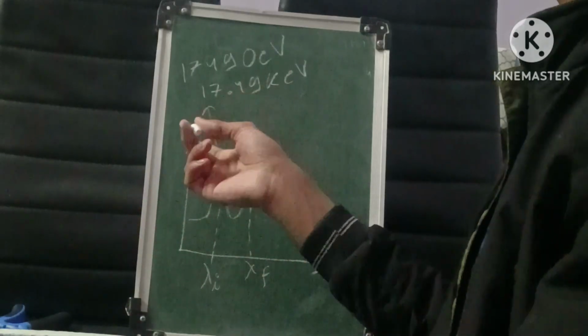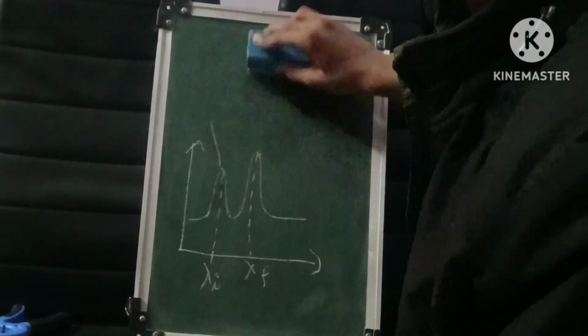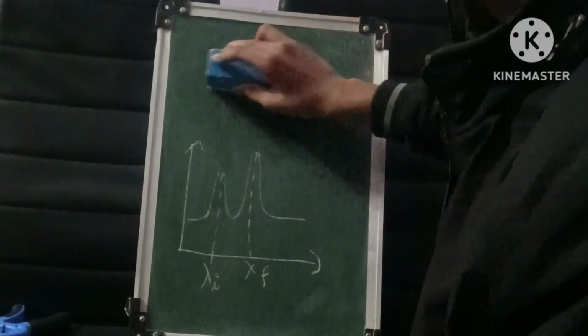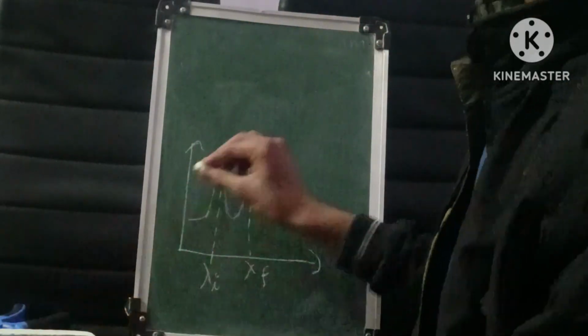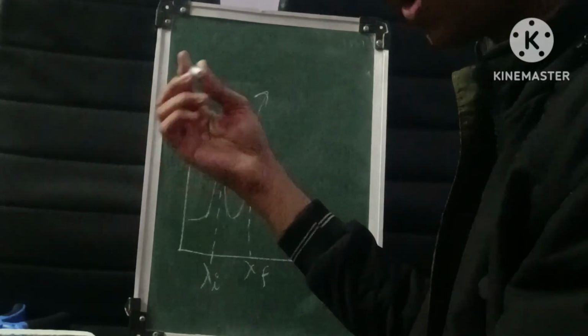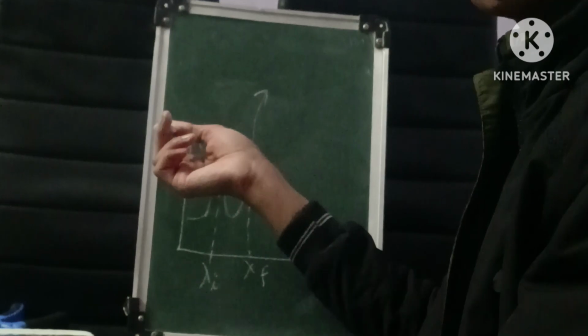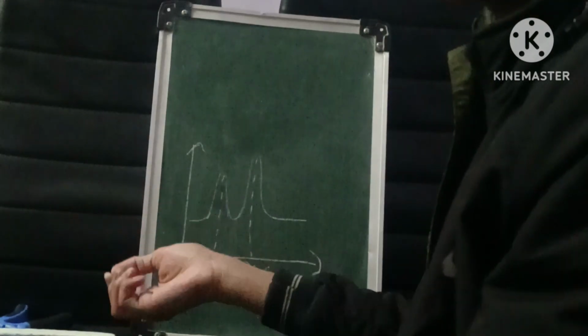This is high energy because the wavelength was short, and the second peak was the Compton scattered peak, with bigger wavelengths and less energy. So we can say that the detector registers both the unscattered and the Compton scattered photons.